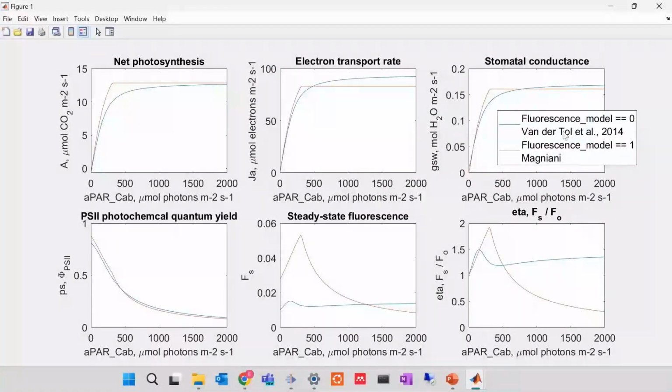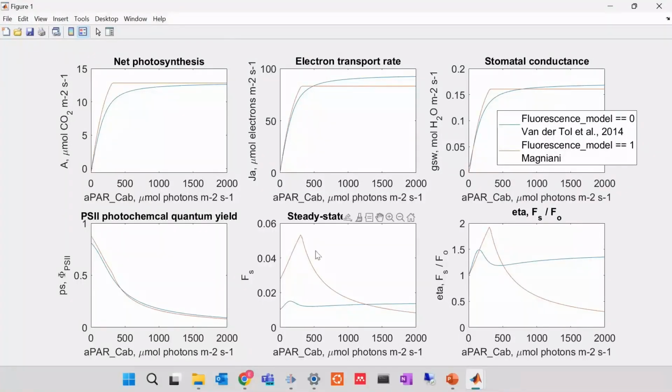The blue curve here is the fluorescence model of Van der Waals, and the red curve is the fluorescence and photosynthesis biochemical model of Federico Magnani. You see, the net photosynthesis, electron transport rates, stomatal conductance, they respond in a similar way in the models, as well as the photosystem 2 photochemical quantum yield.